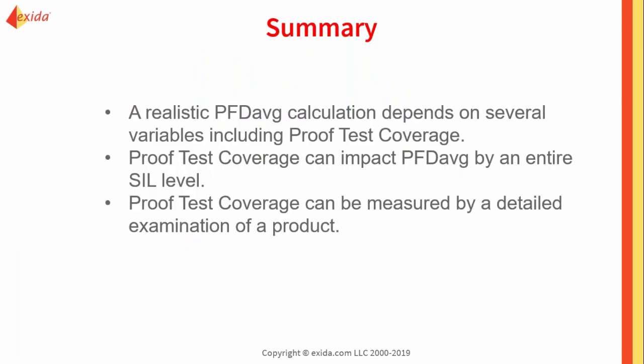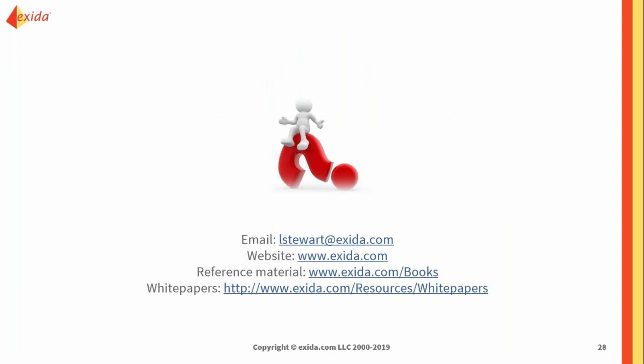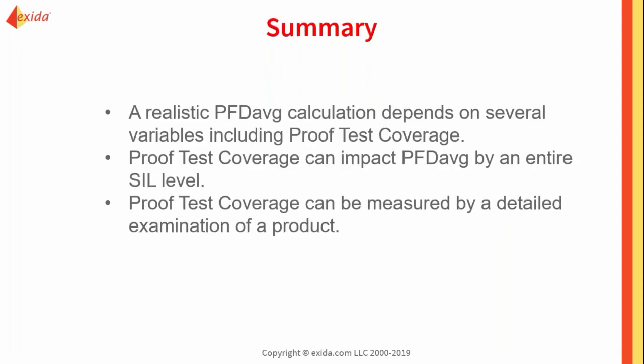So in summary, I just wanted to hopefully clear up some things about proof test coverage. Hopefully clear up some of that gray area. Explain that just assuming the 100% proof test coverage isn't going to be your best approach.